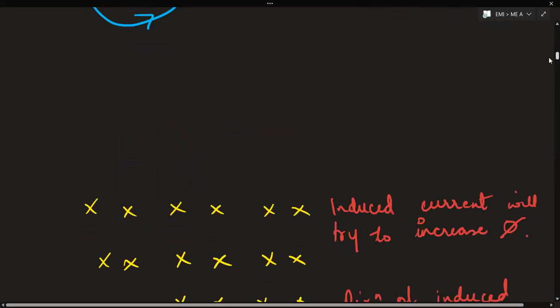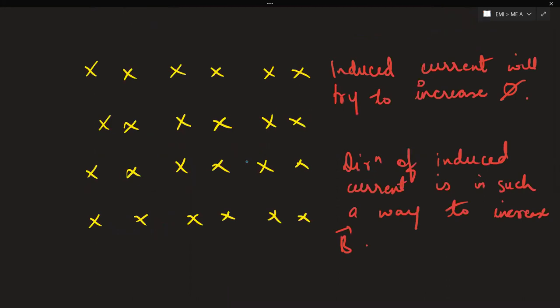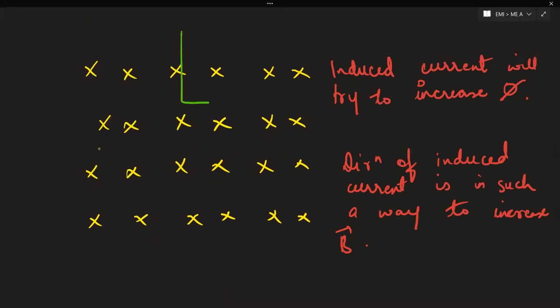One more thing, one more big case. Let's do this. See, there's a coil that I have taken over here. Let's say this coil is coming inside.